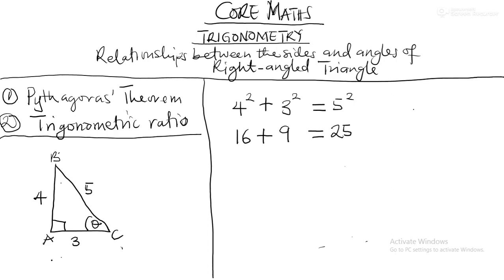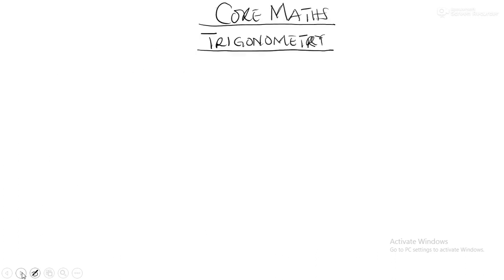Let's look at another sketch. If I have this right-angled triangle, this is my theta. This side is 6, this is 8, and this is 10.